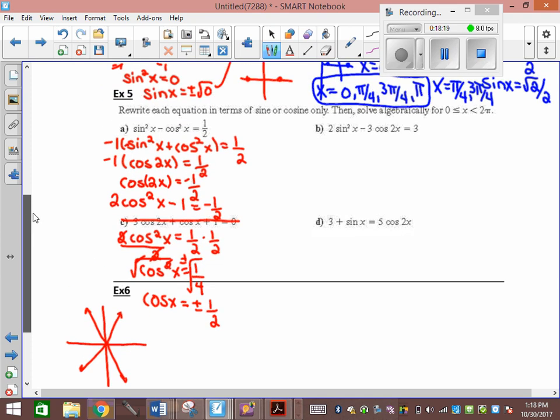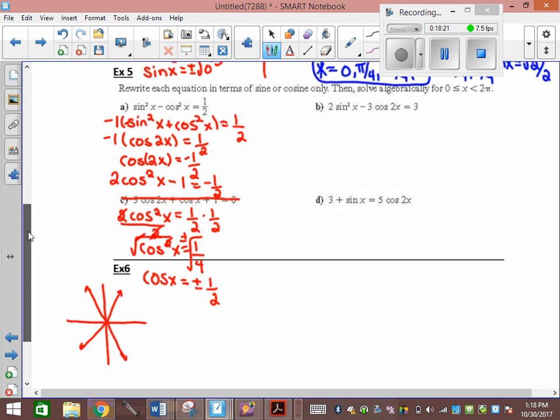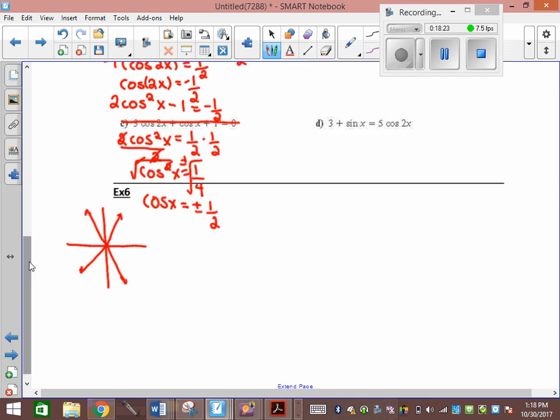And our domain is restricted between 0 and 2 pi, not inclusive of 2 pi. So this is going to be pi over 6, 5 pi over 6, 7 pi over 6, and 11 pi over 6 would be your solutions.